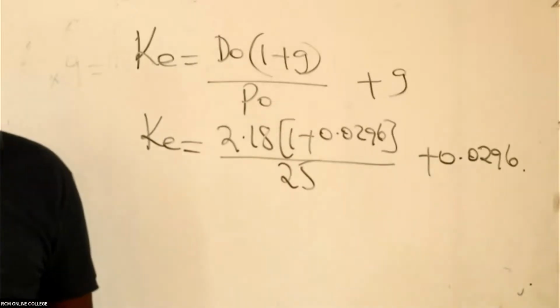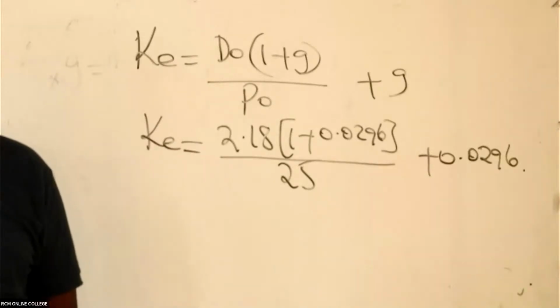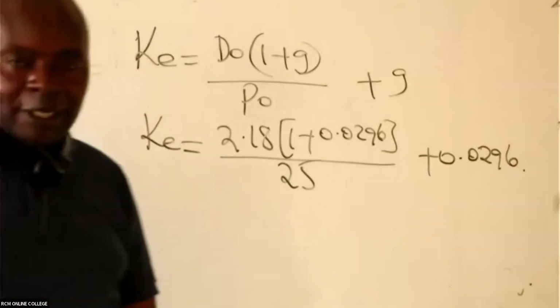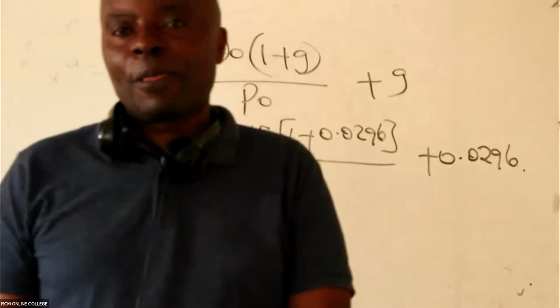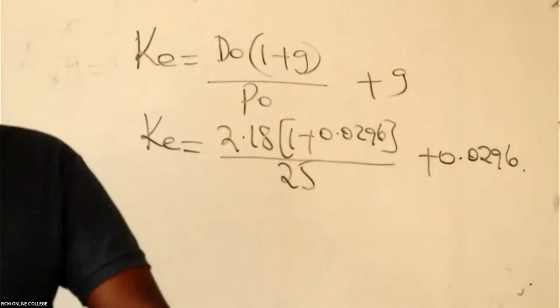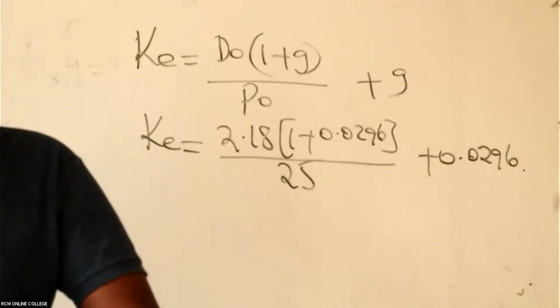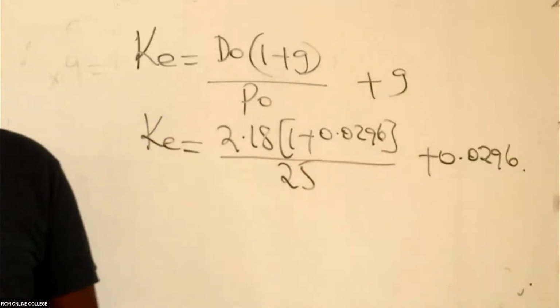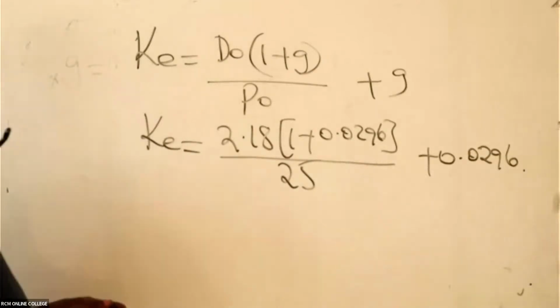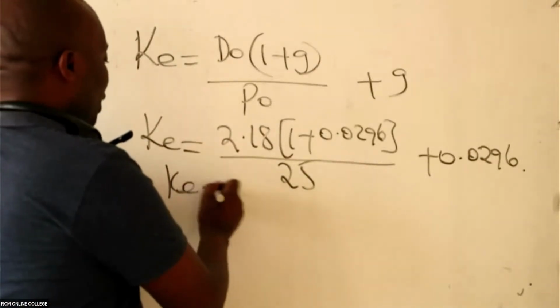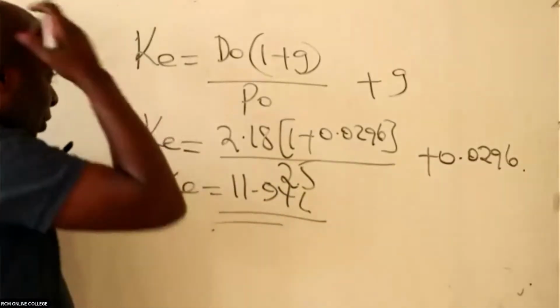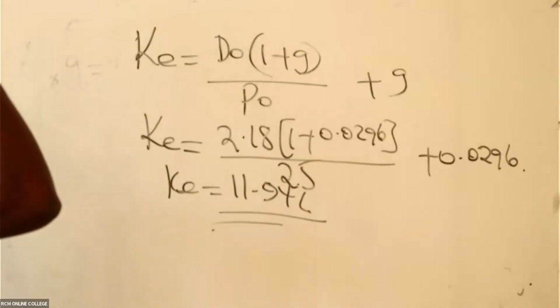Is there somebody who's getting 11.9, something like 12% cost of equity? Yeah, 11.94. I agree. So the cost of equity is 11.94%. Thank you so much.